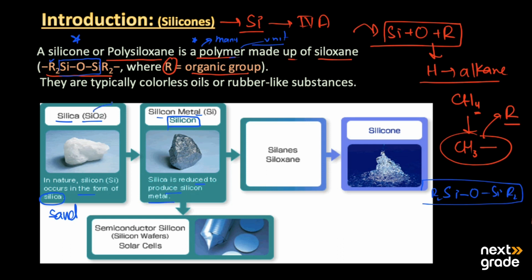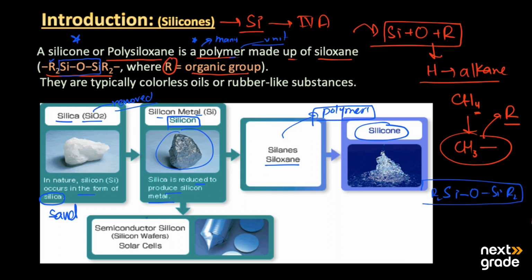When the oxygen is removed, this process is known as reduction, and it is reduced to silicon metal. At the end, when we have silanes or siloxanes, they form silicones, as these make polymers or long chains. On the other hand, here we have the silicon metal.